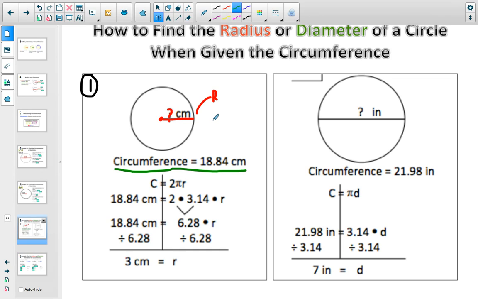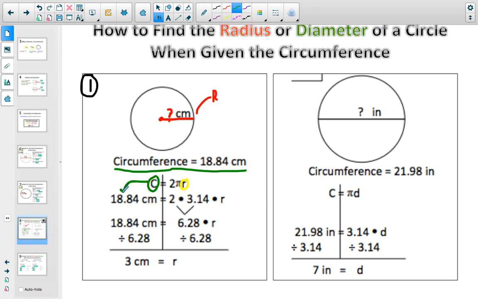So since we're trying to solve for r, we're going to use the formula C equals 2 times pi times r. Right? Because we're trying to solve for r. Now that you know which formula to use, you need to just plug in the information that you have. So our C, we know, is 18.84.